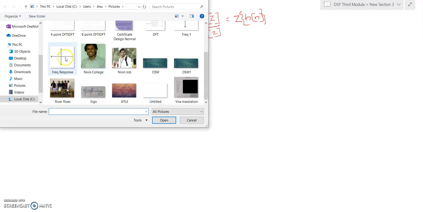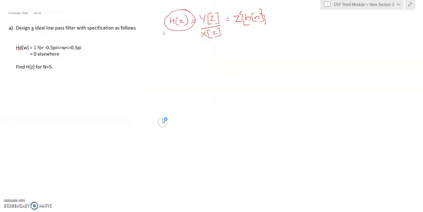So moving on, the first thing we need is an idea of how this filter looks, so we'll make use of a graph. This is the graph of H_d of omega, the frequency response. On the y-axis we have H_d of omega, on the x-axis we have omega, and the ends are represented by minus pi and plus pi, because our frequency response spans a region of 2 pi, from minus pi to pi.